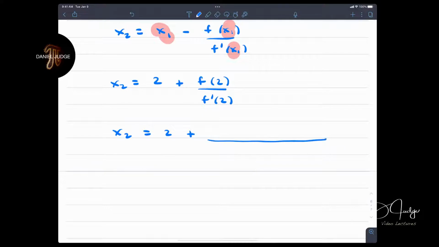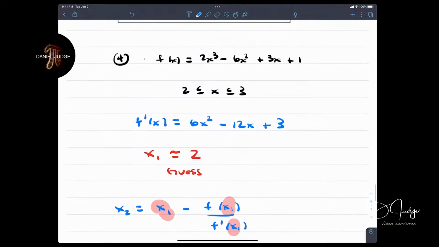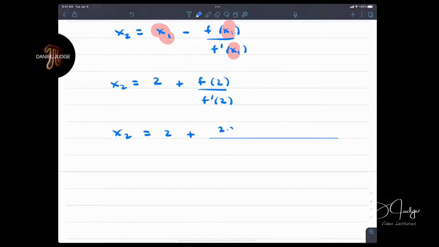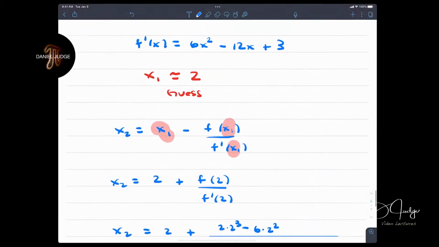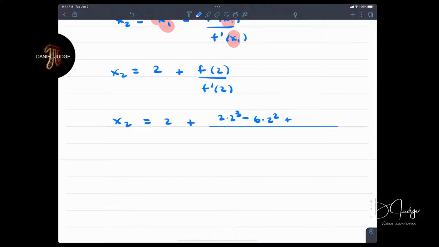My f function now. F is going to be 2x cubed minus 6x squared plus 3 times 2 plus 1.